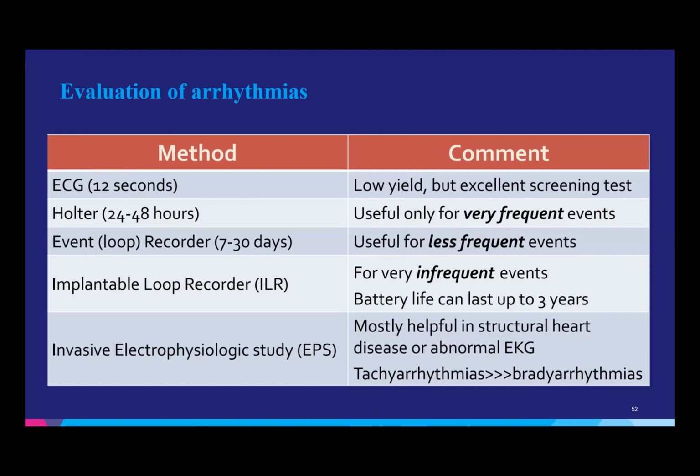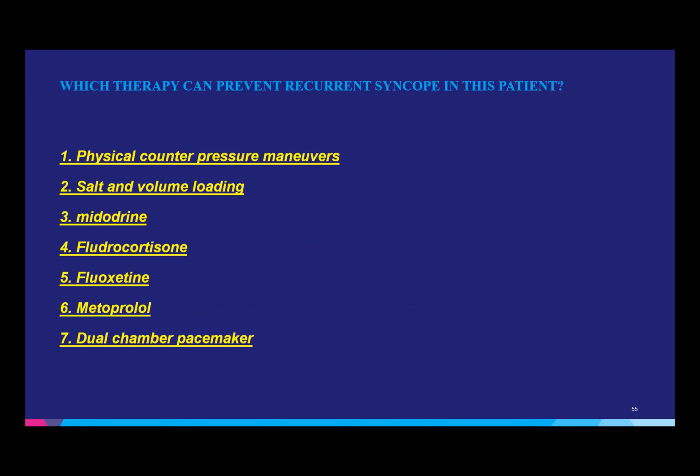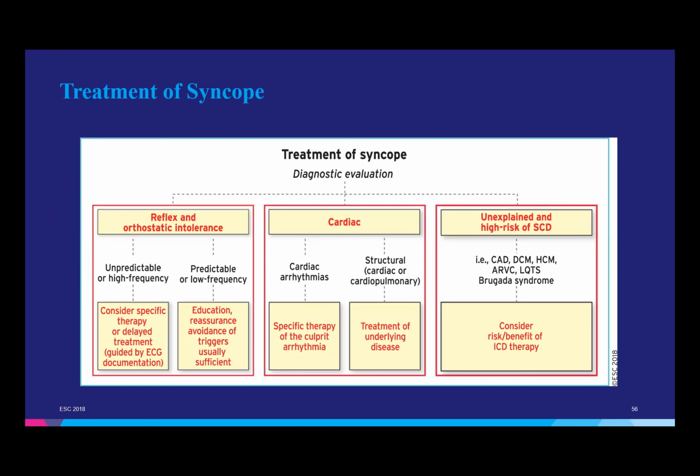Event or loop recorders, so this is up to 30 days, are quite useful. Implantable loop recorders are becoming almost standard now, because we know that our patients are syncopizing infrequently. They need something longer term. And then you will notice some of your patients for whom it becomes more challenging, they will go through EP studies. All right, we're going to skip all that.